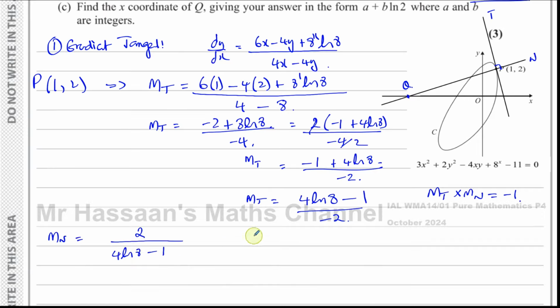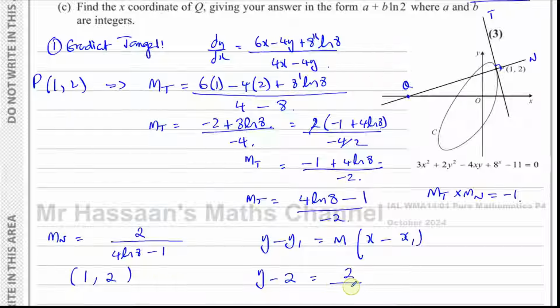And we know that the equation of a straight line is given by y minus y1 equals m times x minus x1, where x1 and y1 are the coordinates of the point, which is (1, 2). So you have y minus 2 equals m, which is, as we know here, 2 over 4 ln 8 minus 1 times x minus x1, where x1 is 1.